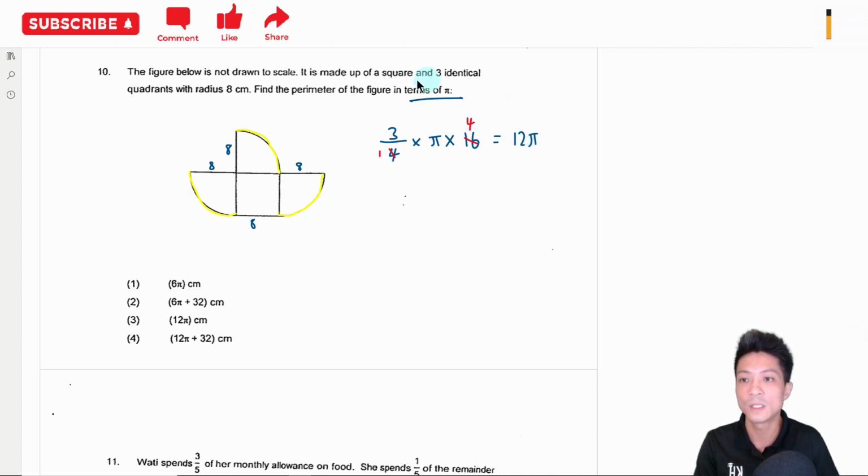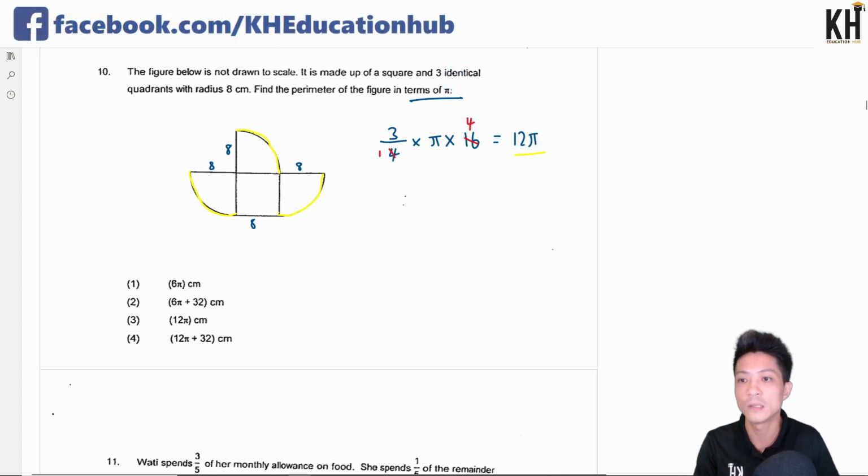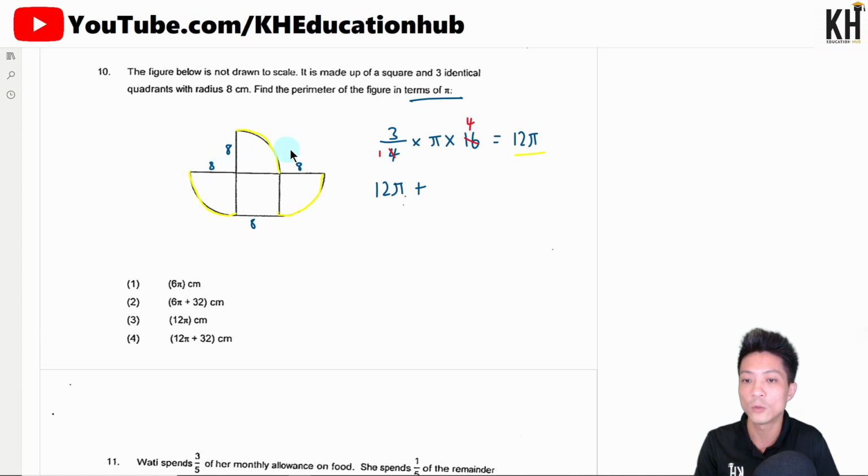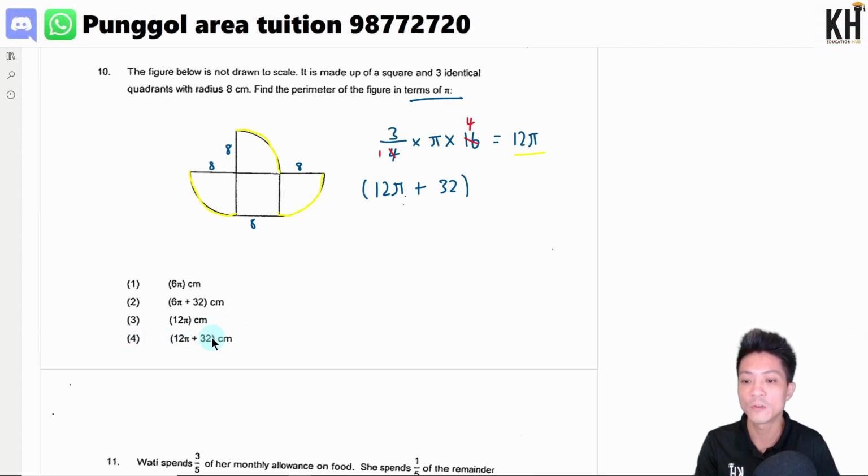So this one is the curved parts, or the yellow lines. And then after that, I need to add 12 pi plus. How many 8s are there? 1, 2, 3, 4. So 4 times 8 will be 32. So the answer is number 4, 12 pi plus 32.